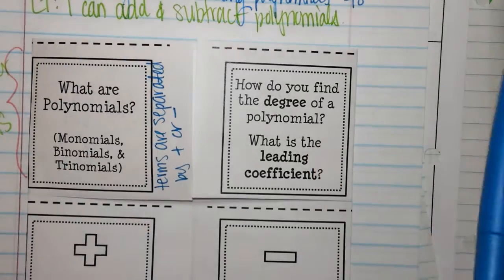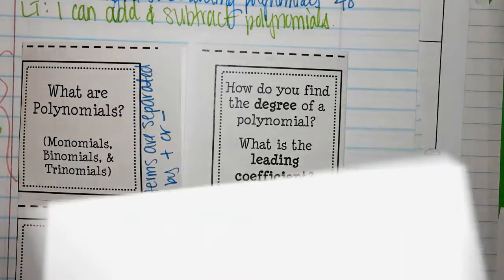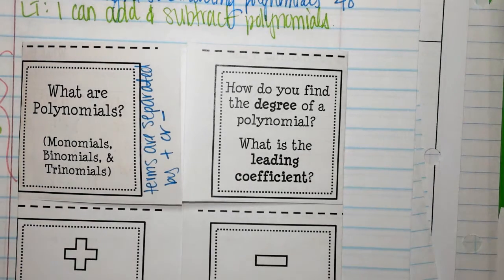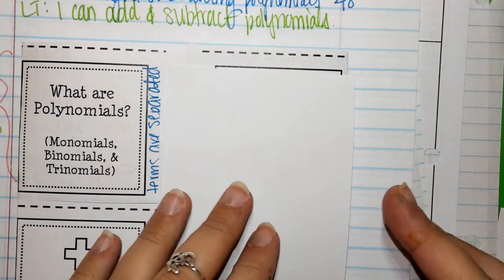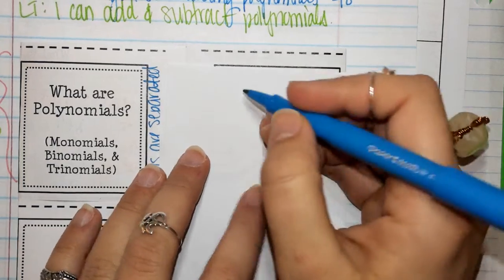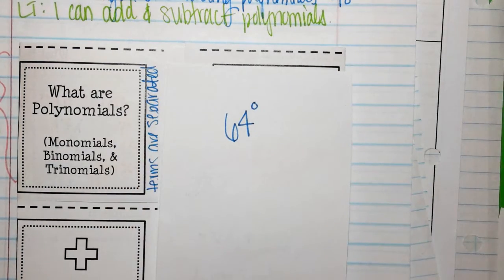So we're going to talk about degree and leading coefficient. What is a degree? Just an example of a degree, of the word. A bachelor's degree. Temperature. The circle. So which is the degree? 64 or that little 0?